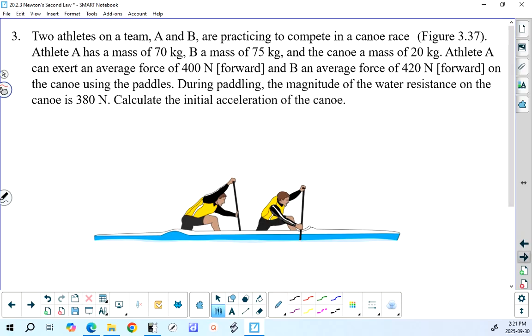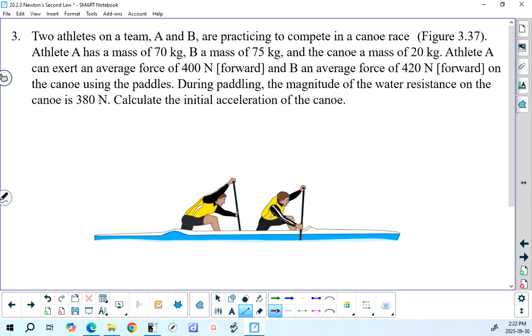And the final example: two athletes are on a team. The two athletes are A and B, Albert and Bernie, and they're practicing to compete in a canoe race. Athlete A has a mass of 70 kilograms, B has a mass of 75, and the canoe's mass is 20 kilograms. A exerts an average force forward of 400 newtons on the canoe.